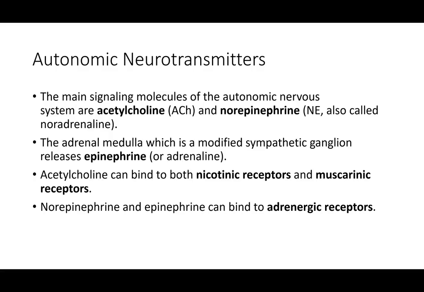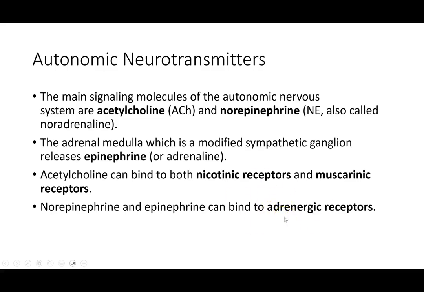We're not going to go into a lot of detail about what that means, but it's interesting if you're so inclined to look it up. Then norepinephrine and epinephrine bind to adrenergic receptors, which can also go with other adrenal hormones. That's where the adren- comes from, adrenal.